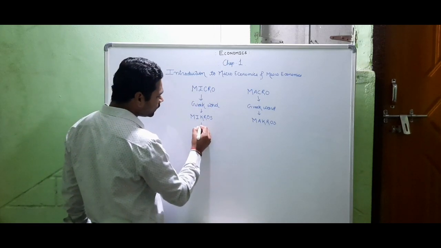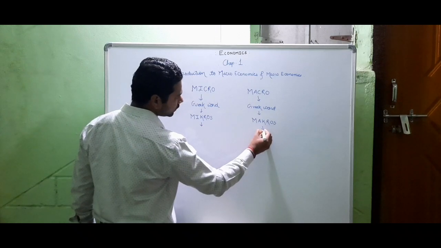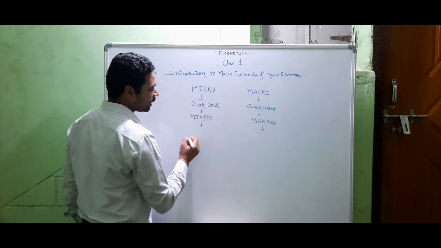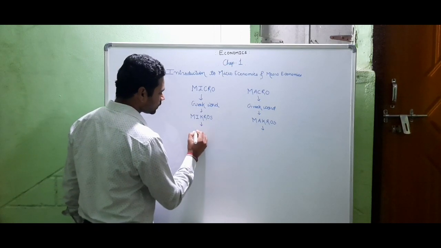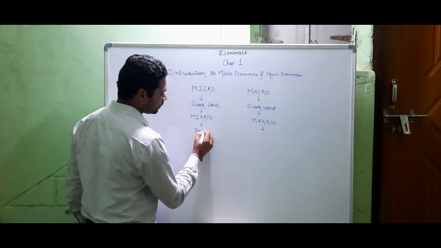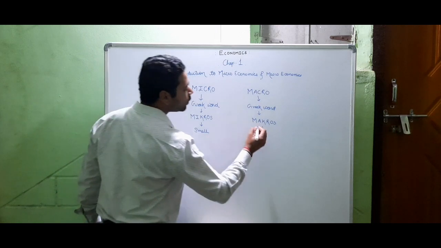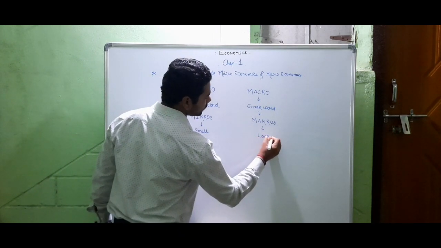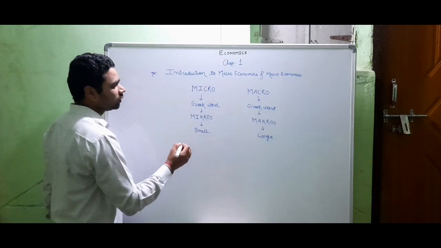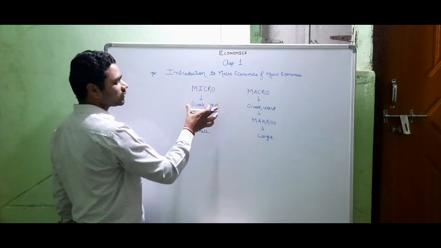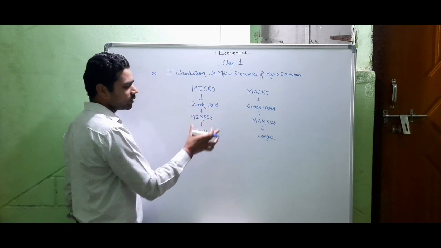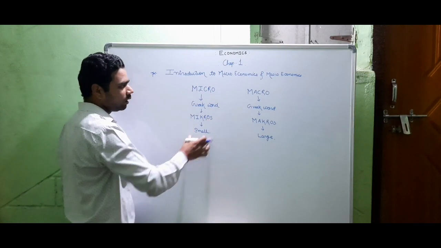Now if we consider the meaning of these two words, the meaning of the word MIKROS is small, and the meaning of the word MAKROS is large. Okay, so micro is derived from the Greek word MIKROS, the meaning of which is small.